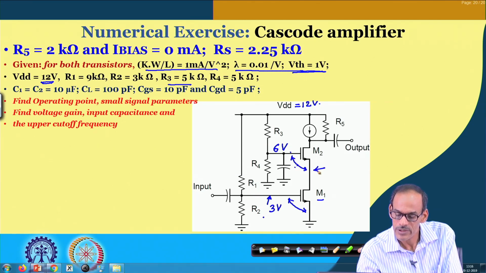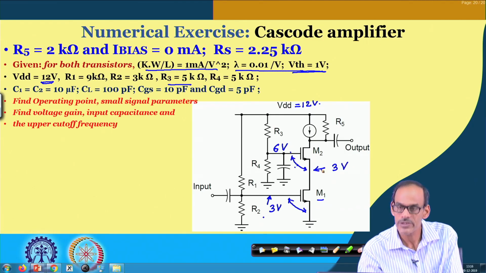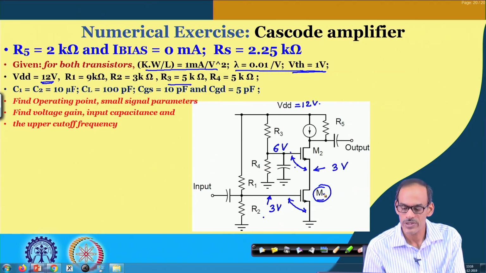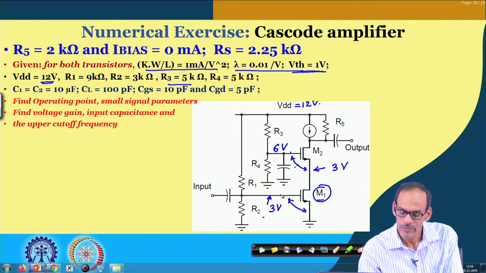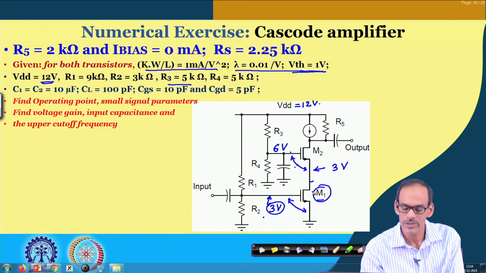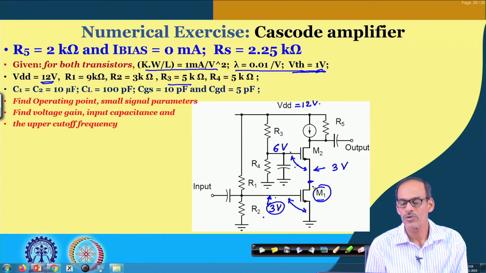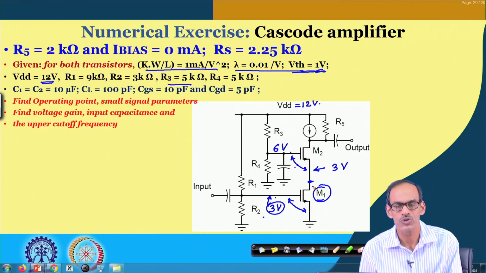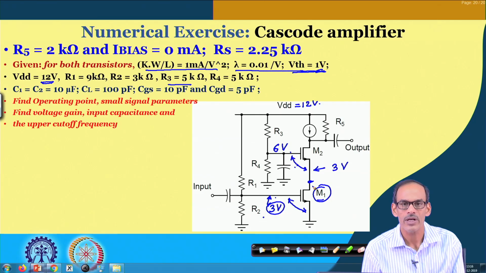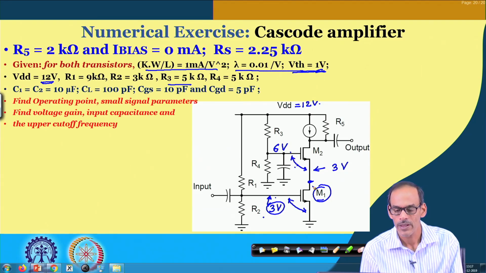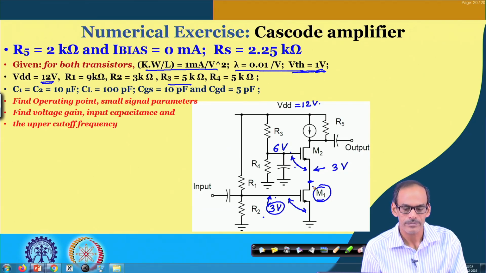In fact, this node is 3 volt, and still this device is in the saturation region, because if the gate voltage is 3 volt, its drain voltage can go lower than its gate voltage by an amount of 1 volt. So, the lower limit of the drain voltage of transistor 1 is actually 2 volt. So, definitely transistor 1 is in the saturation region.